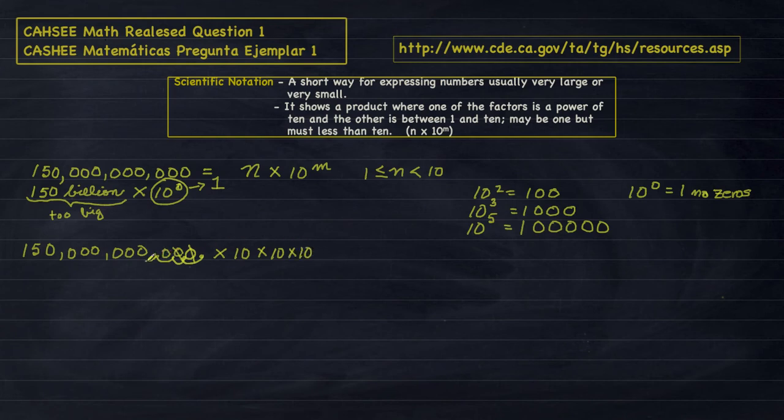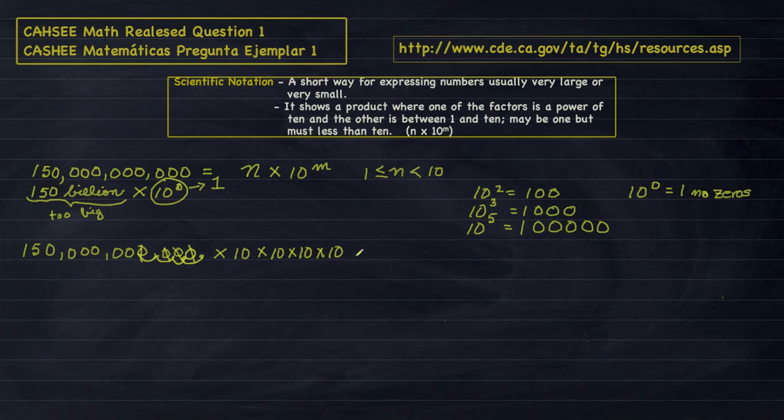I move again another place, and again I multiply by 10. So you're beginning to see a pattern: every time you move the point to the left, I need to multiply by 10. So when I end up, how many places do I move the point to the left so that I can get my n?